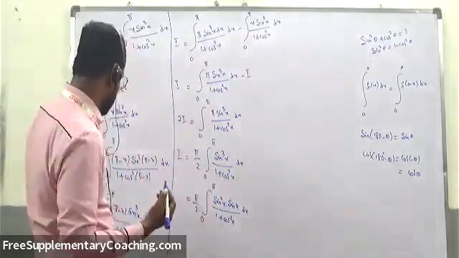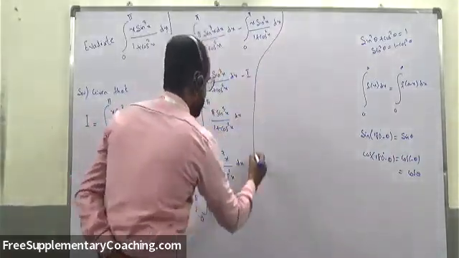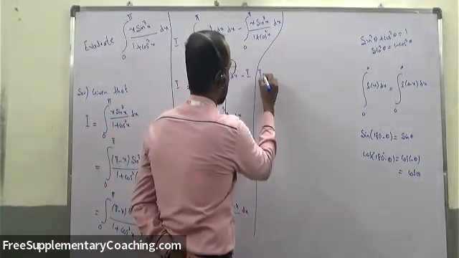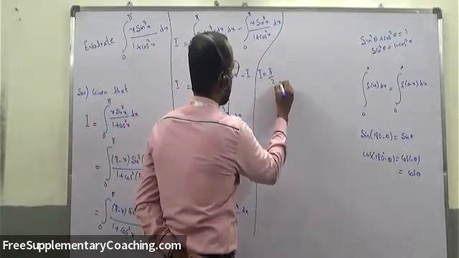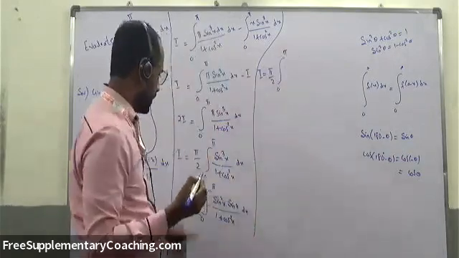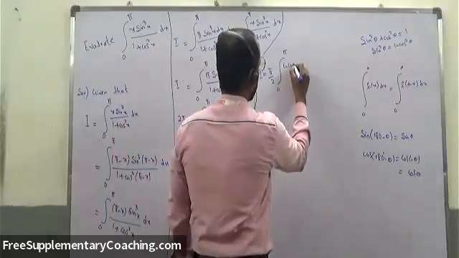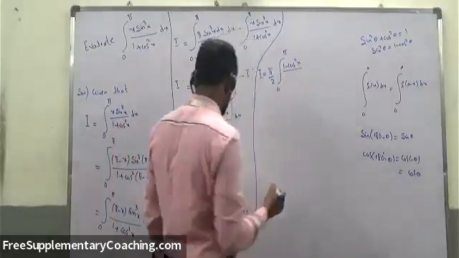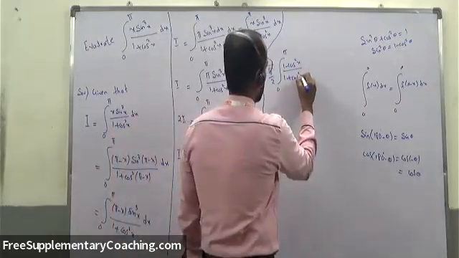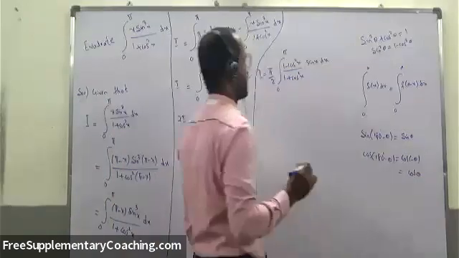So this I can write as, I is equal to pi by 2, 0 to pi, sin square x I can write 1 minus cos square x, divided by 1 plus cos square x, into sin x dx.